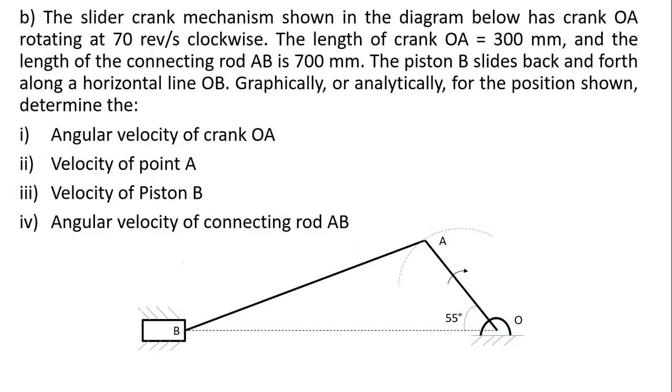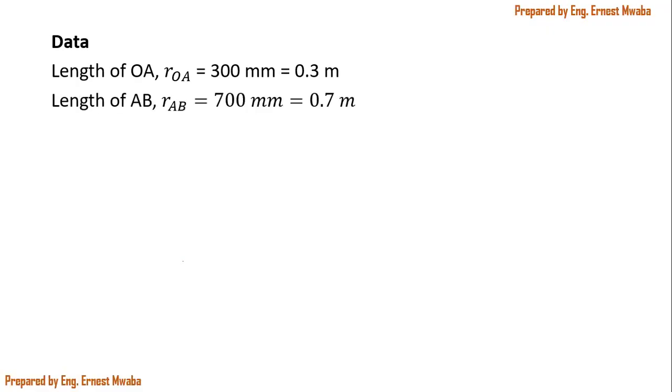So with this information, we can now come up with the data. First, the length of the crank, R OA, is 200 millimeters, which is 0.2 meters. Next, we also have the length of AB, R AB, the connecting rod, is 700 millimeters, but we convert it to meters, becomes 0.7.